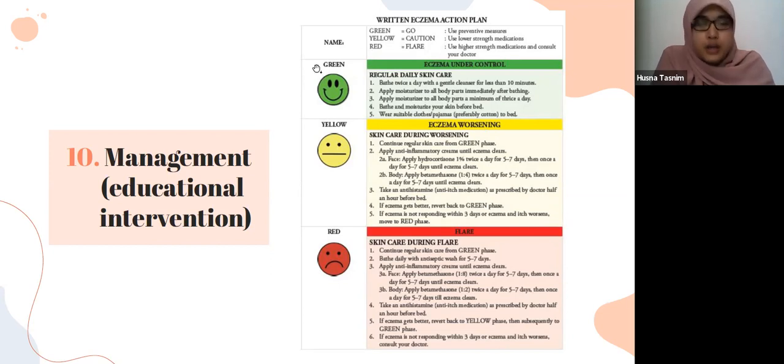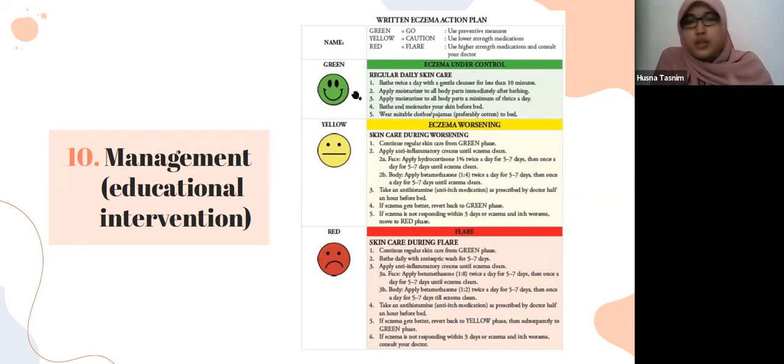We have green, yellow, and red. So for every color code, it has its own suggested therapy or advice that should be followed by the patients and the caregivers. For example, green, which is eczema under control, they have the regular daily skin care. They have to take a bath twice.